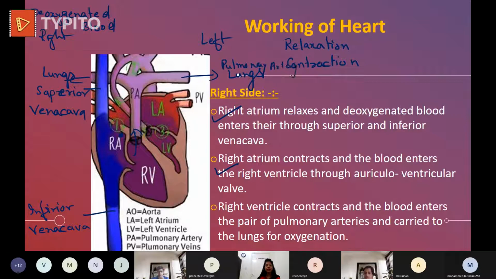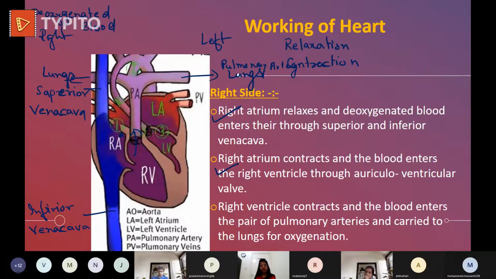Okay, I'm repeating the whole process once again. Working of the heart, I will divide into right and left side. The right side of the heart contains deoxygenated blood. So when the right atrium relaxes, it is filled with deoxygenated blood by the superior and inferior vena cava, which open into the right atrium.